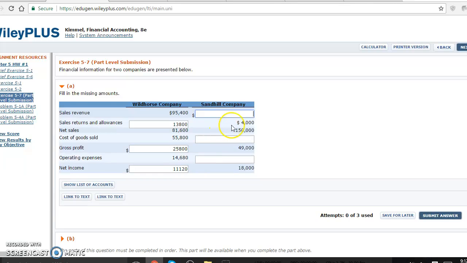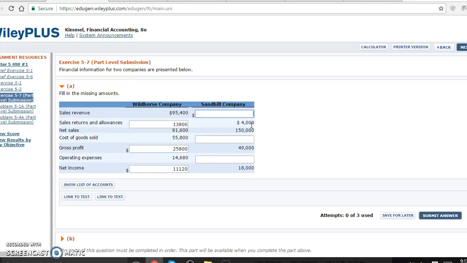Now, if we want Sandhill Company, it is different here than in this one. So in order to do this one, we will subtract $150 minus 4,000. So let's do that.